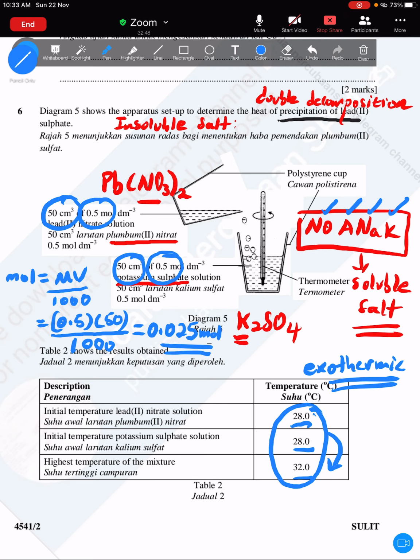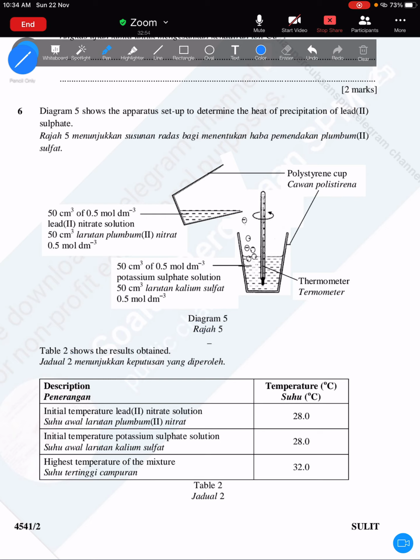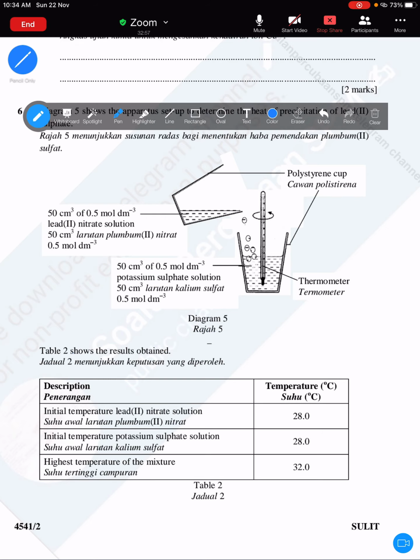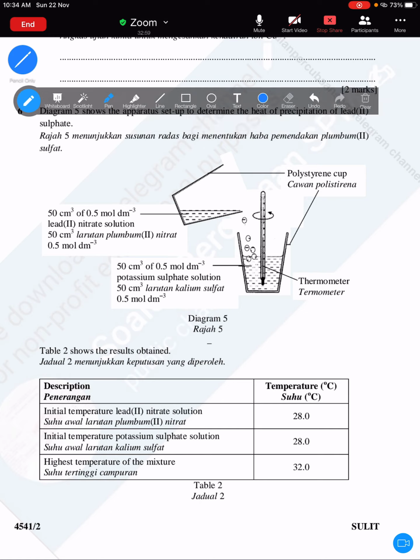Okay, very good. So I'm gonna erase this. Let's go to the question. But guys, before that, let's have a look at the chemical equation. You have K2SO4 plus Pb(NO3)2.